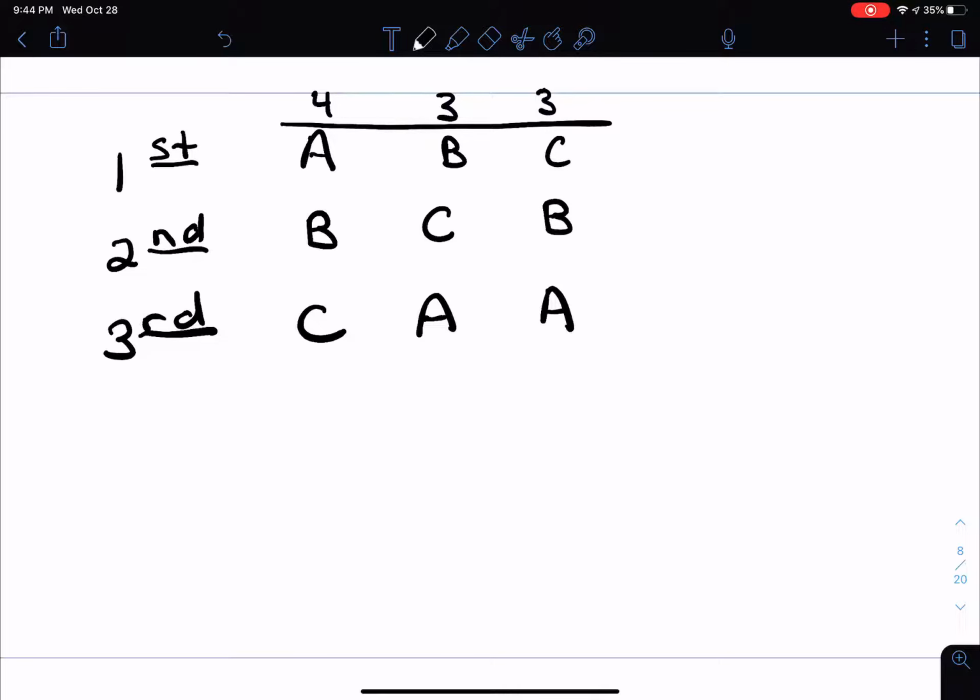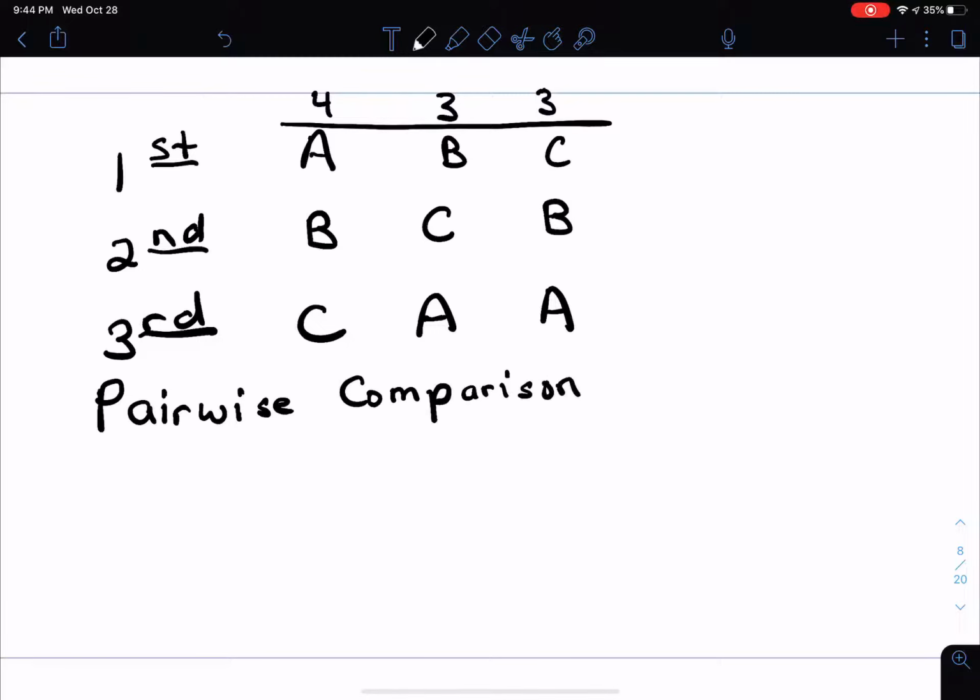All right, so since we are looking at the head-to-head criterion, let's first see who wins the pairwise comparison method. Whoever wins that, ideally, should win no matter what. But we know now that that's not always going to happen.